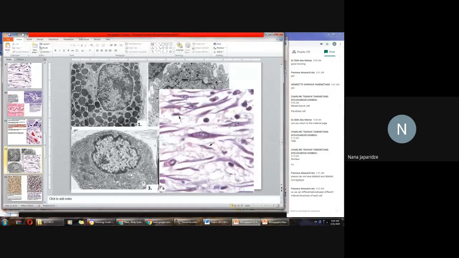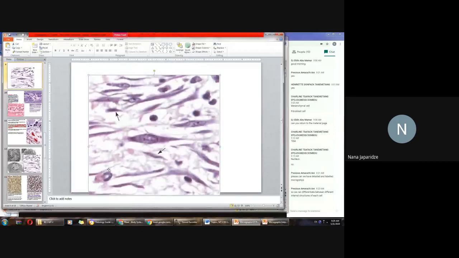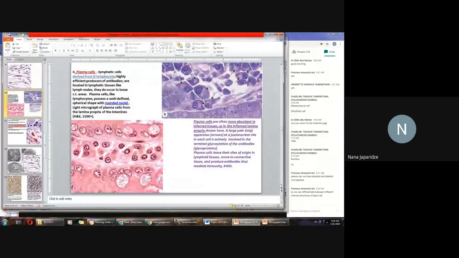Okay, so loose areolar connective tissue with the fibroblasts and fibrocytes. Okay, again, this is connective tissue, and here connective tissue proper, which contains, beside the other cells, you can identify here very well the plasma cells.